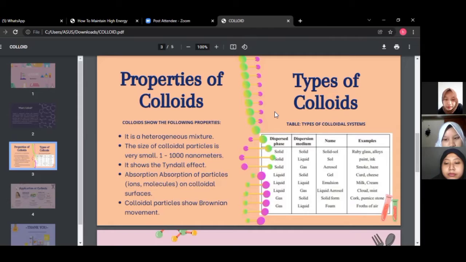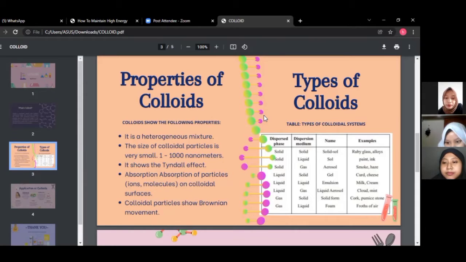And next is absorption. Absorption of particles, ions, molecules, and colloidal surface. And the next is colloidal particles show Brownian movement. Okay, and here we have types of colloids. So this is the types of colloidal system. There is dispersed phase and dispersion medium, name and example.